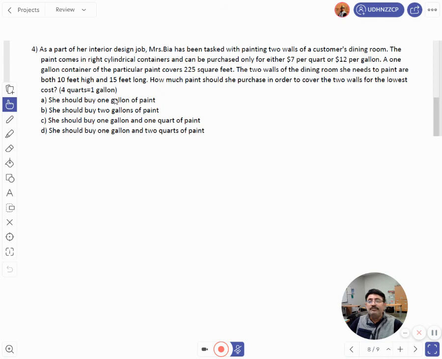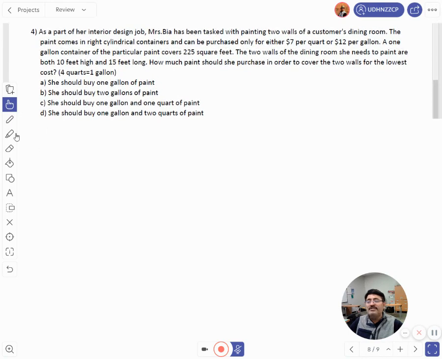The paint comes in right circular cylindrical containers and can be purchased only for either $7 per quart or $12 per gallon. A 1 gallon container of the particular paint covers 225 square feet. The two walls of the dining room she needs to paint are both 10 feet high and 15 feet long.